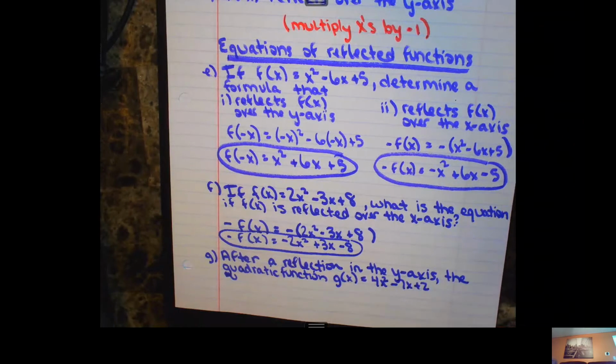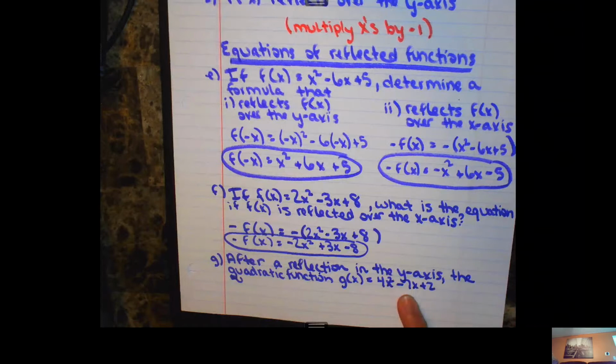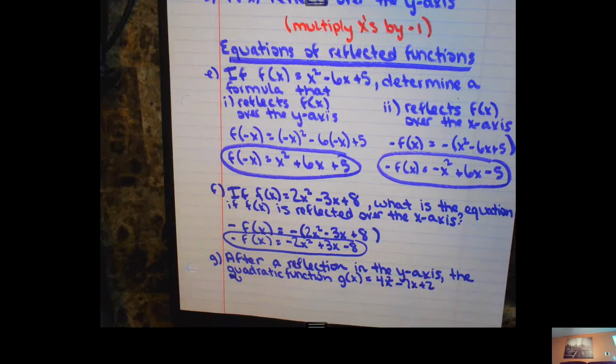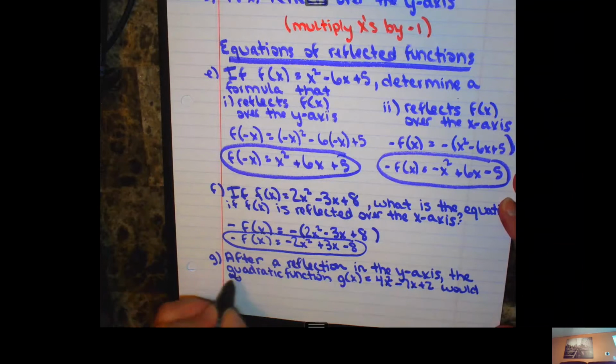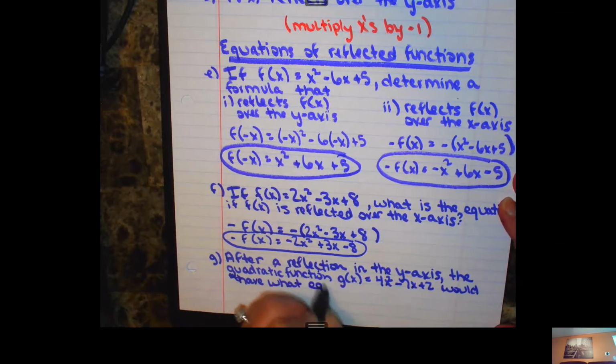I'm sorry about all the writing. So g of x equals 4x squared minus 7x plus 2 would have what equation? Last part.